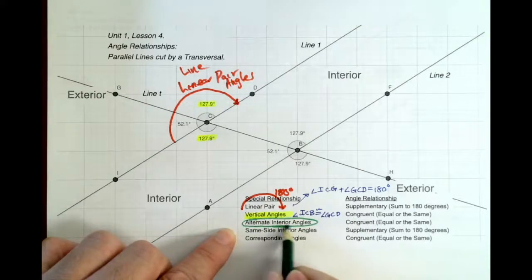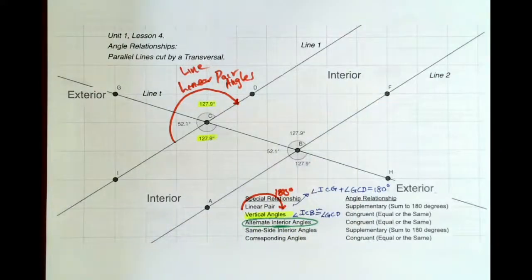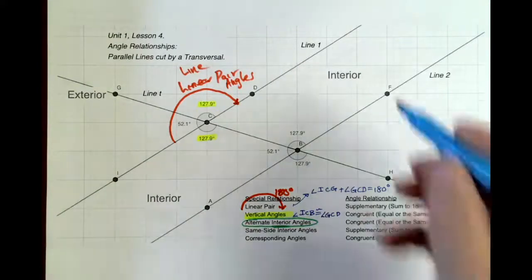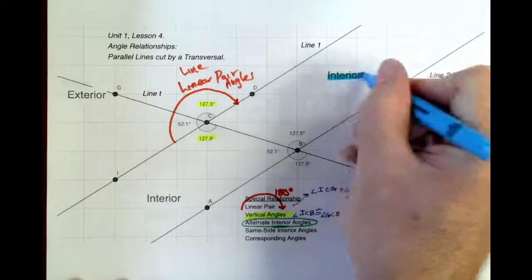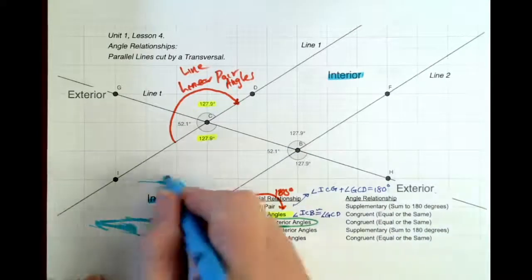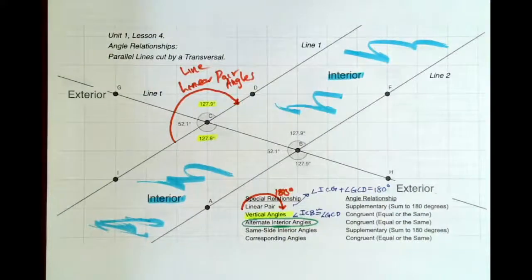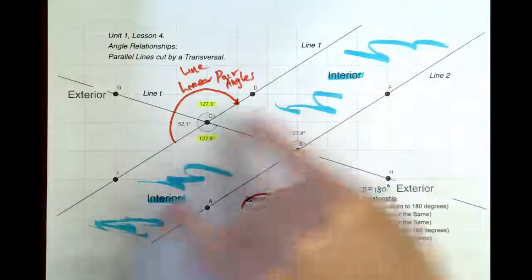This key word being interior. Let's highlight interior here. I'm just going to do it in blue. Interior. This whole area, if you want to highlight it, is all interior, in between the parallel lines.